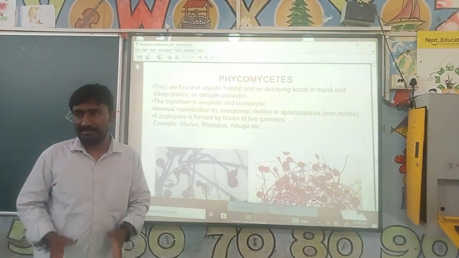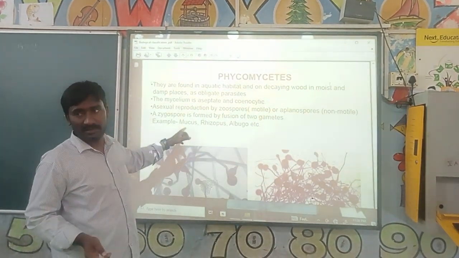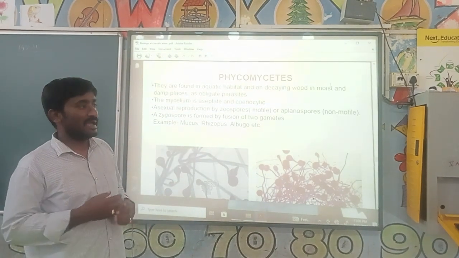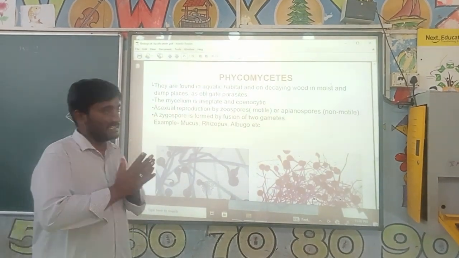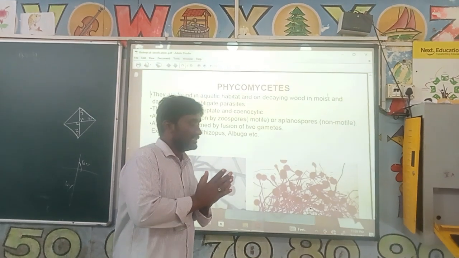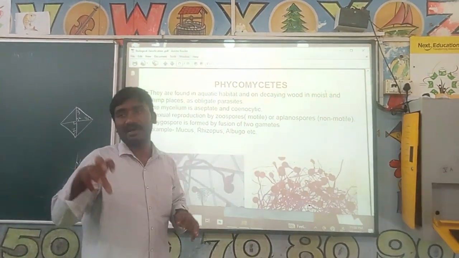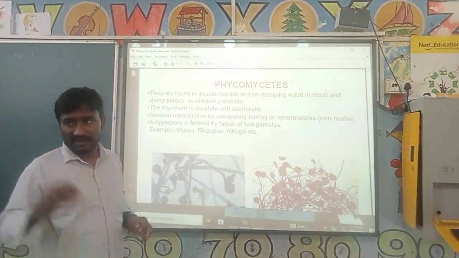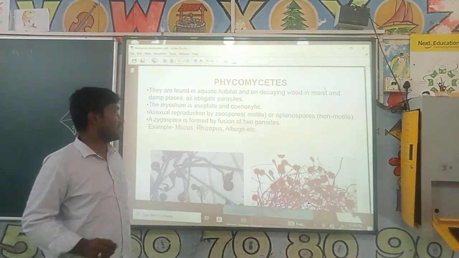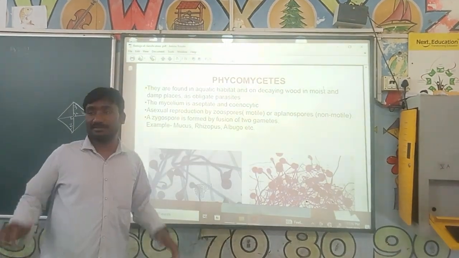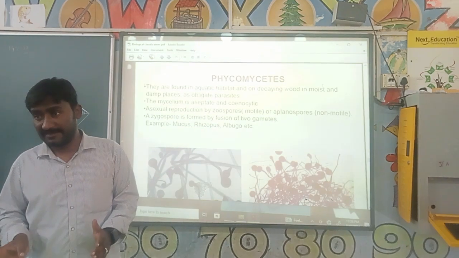Mucor and Rhizopus are present on bread or buns. They grow on dal and rice also. And Albugo is present on mustard plant.